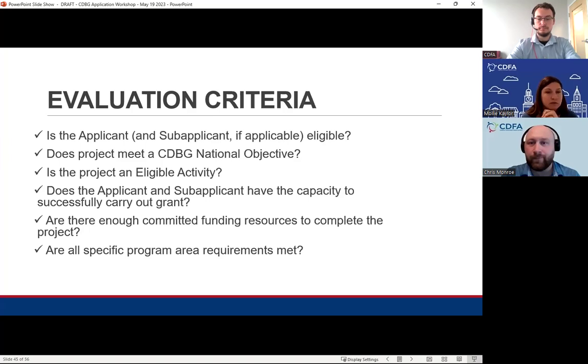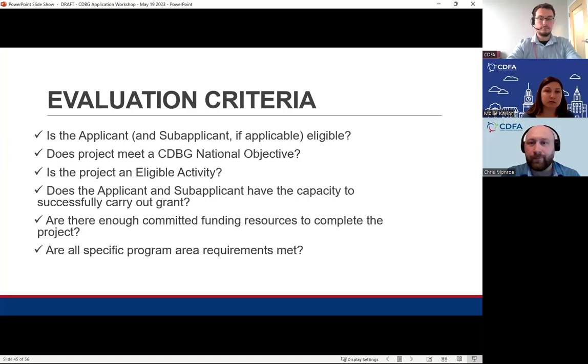So again, we are looking at is the applicant and sub-applicant eligible first and foremost, and does it meet the LMI national objective? Does the organization have the capacity to carry out the grant? This includes both the applicant, the municipal applicant, and the sub-applicant. The sufficiency of the grant request, meaning, are there enough committed funding resources to complete the project?